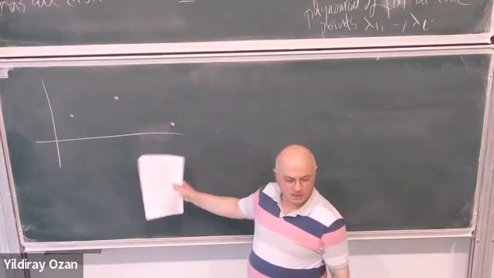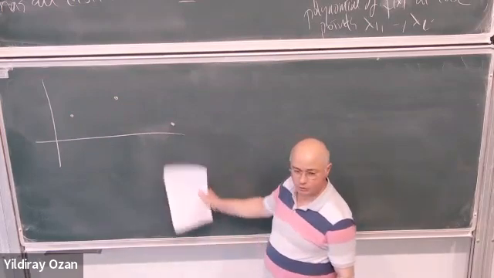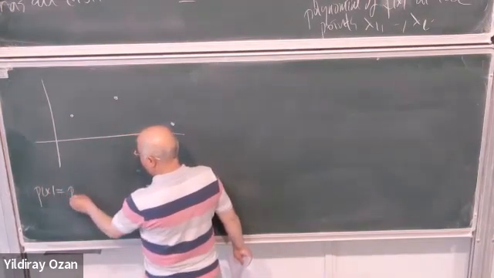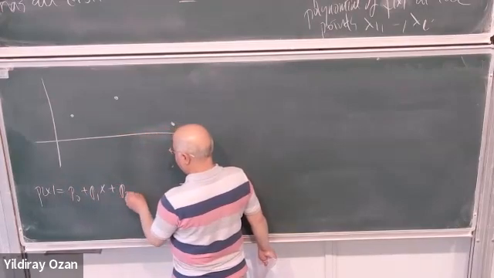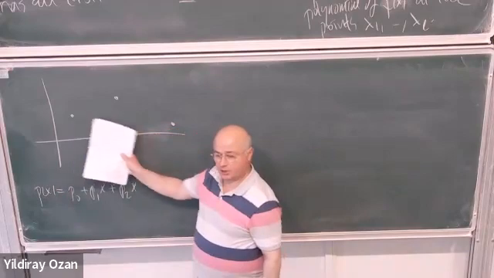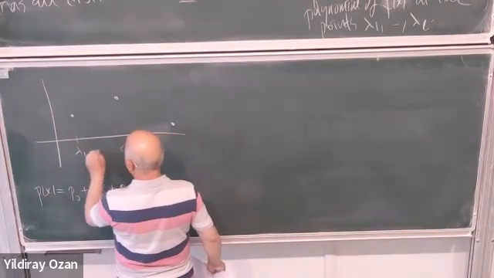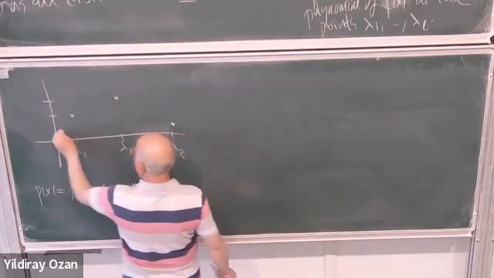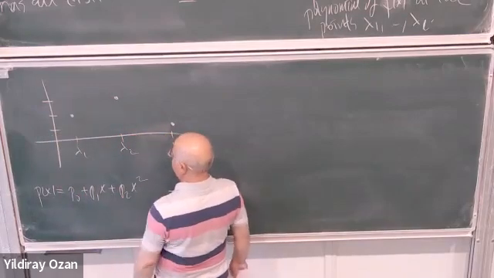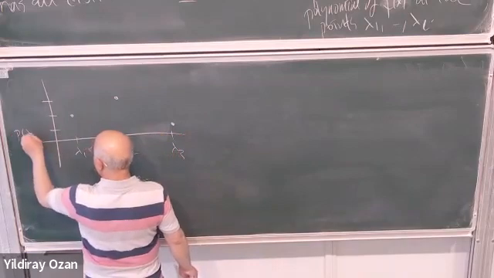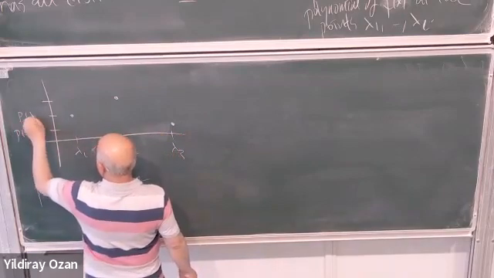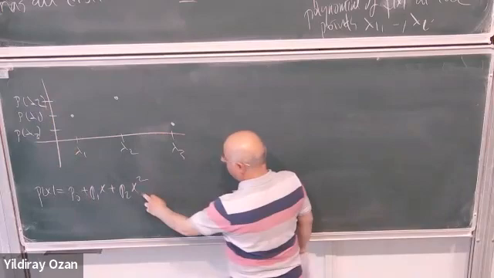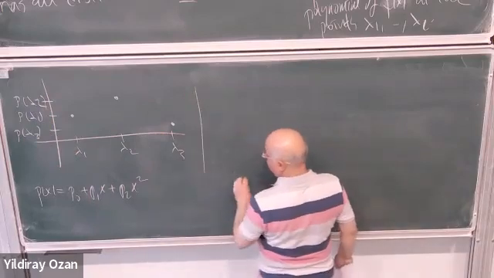Because degree 2 polynomial means you have only 3 coefficients, and each point, lambda 1, lambda 2, lambda 3, gives you an equation. So you just plug these numbers in and obtain these equations.